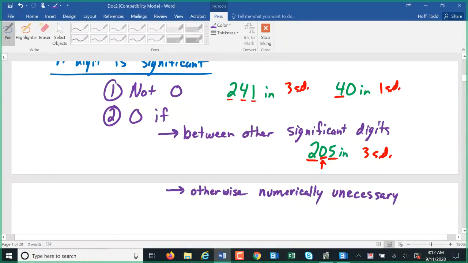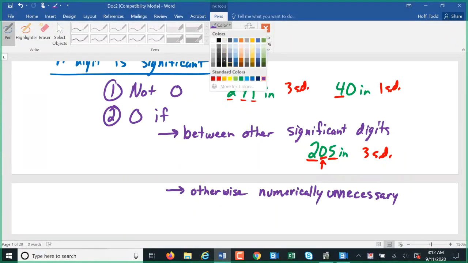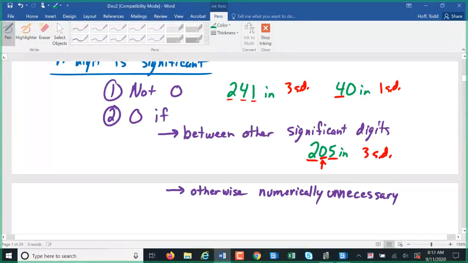What does that mean? Numerically unnecessary. Well, that means if it's not needed by the number, then it's significant. The only reason for having it there is because it's part of the measurement. This is tricky because you think, well, significant, that means important. No, they mean two different things.